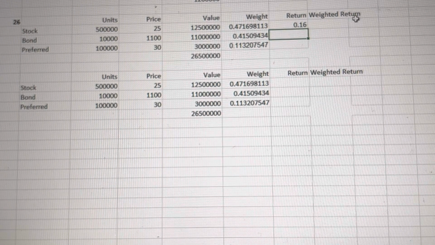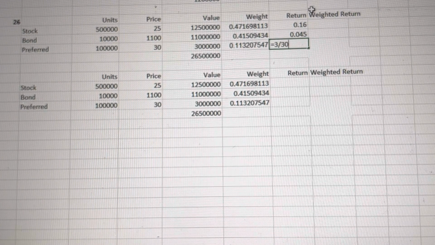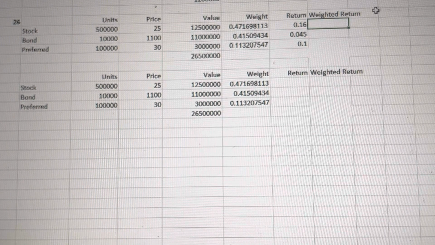For bonds, it gets us 4.5%, which is 0.045. And for the preferred, it's the $3 annual dividend divided by $30 per share. The weighted return is the weight times the return.